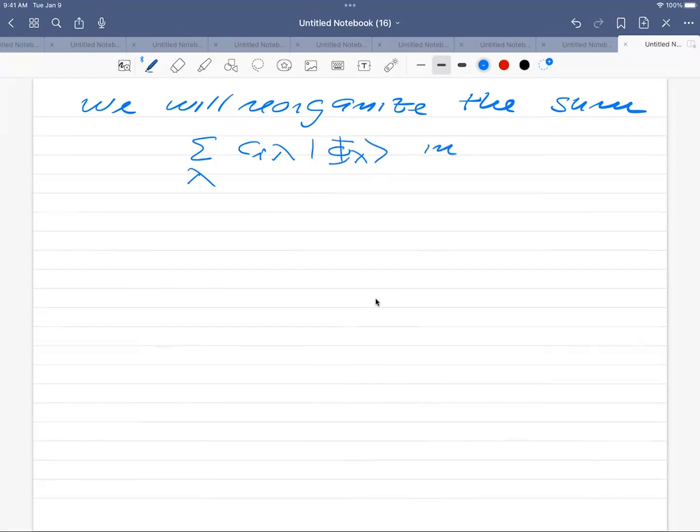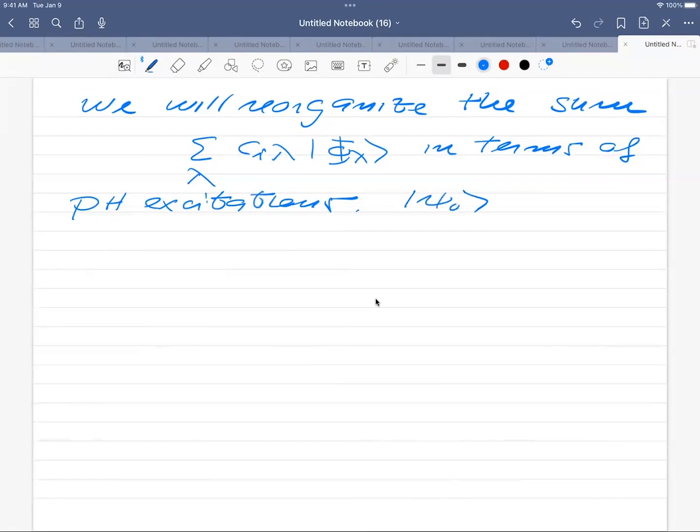This is just a way to reorganize the Slater determinants in terms of particle-hole, I write this as pH excitations. So that means that I'm going to write now, and let us now focus on the ground state, but it could be any state. So we are now going to look at psi 0, but as I said, this could be any of these states which we would get if we diagonalize the Hamiltonian matrix.